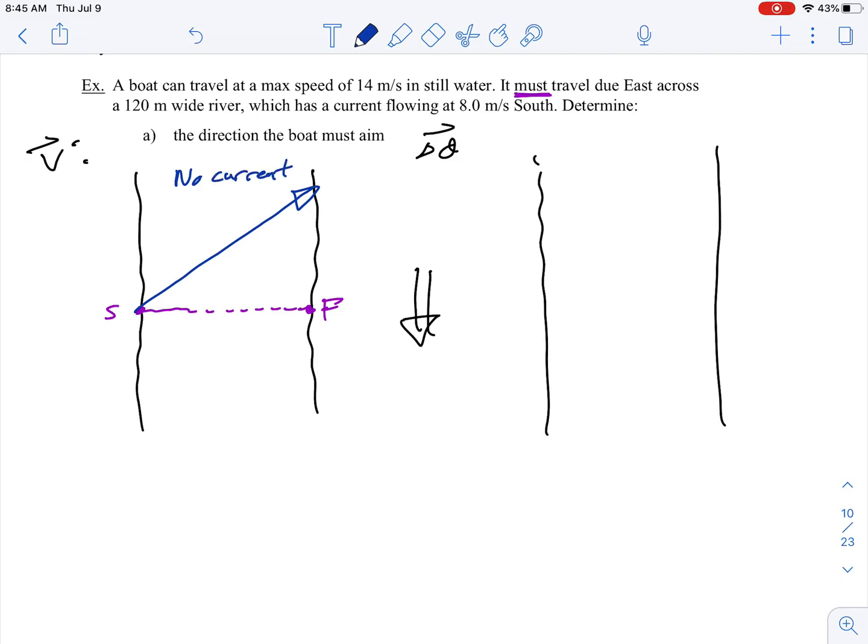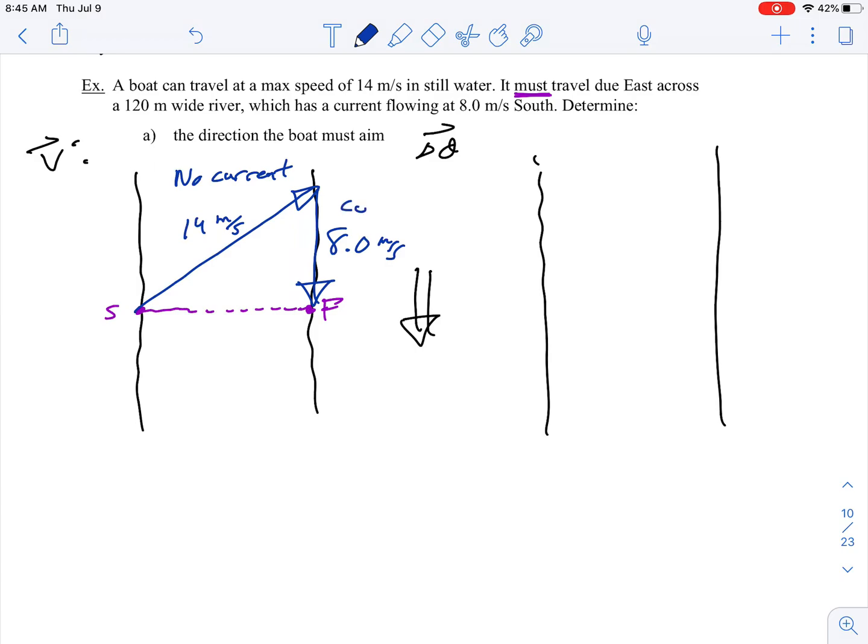In other words, if you aim your boat in this direction, and let's say the current stops for some miraculous reason, and there's no more current, well, that's exactly which way you're going to travel, diagonally, and you will travel at 14 meters per second. But then we add the current to it. So to the tip, we now add the current that's going south, and that'll bring you back towards where you want to go, and that would be at 8 meters per second.